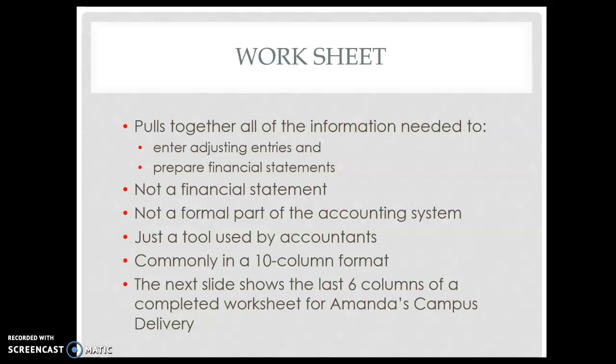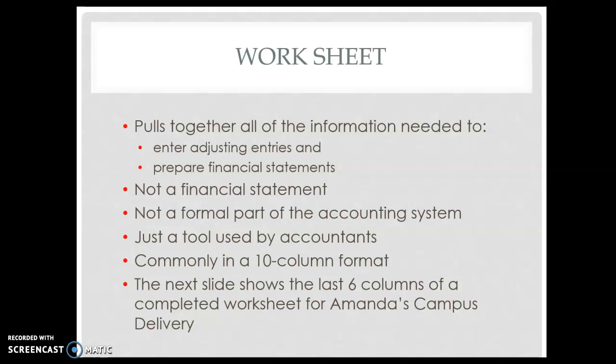The next slide, this example that we're going to go through, just shows the last 6 columns. We are not worried about the first 4 columns. The first 2 columns are the trial balance, and we already know how to do that. And the second set of 2 columns are where we put the adjustments. And we won't talk about the adjustments until later this semester.